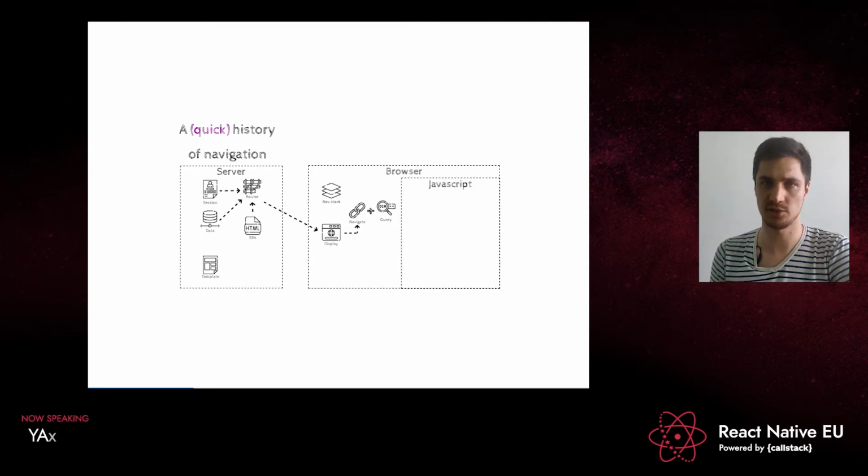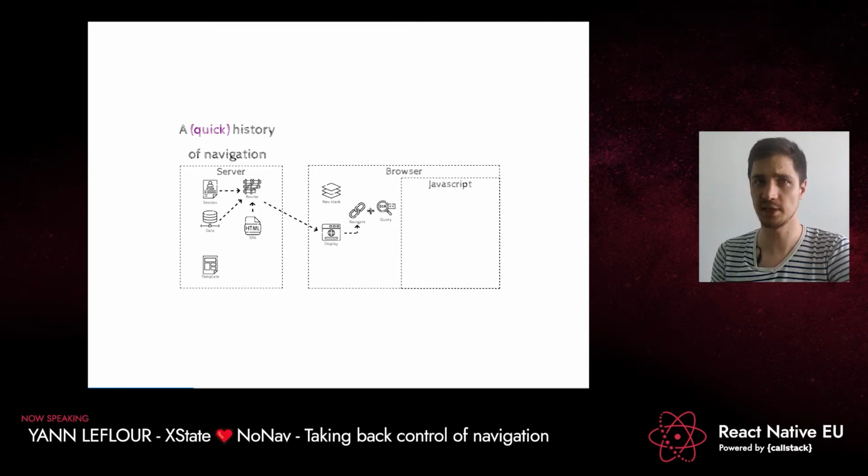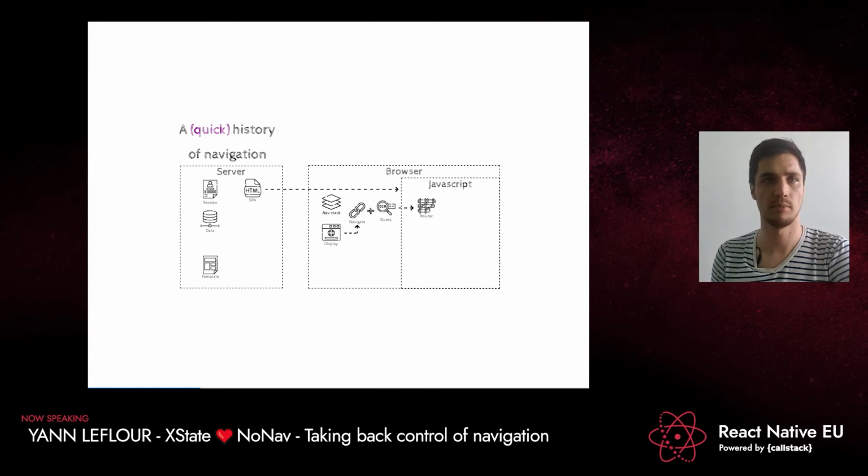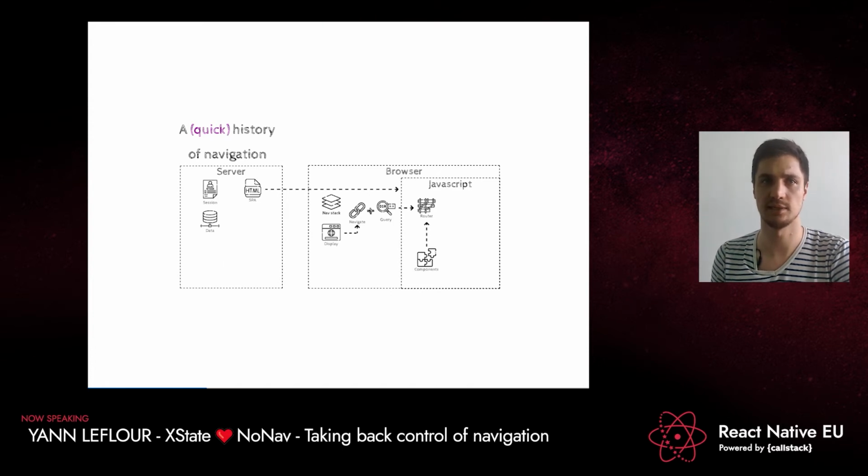To solve this issue, SPAs gave a greater role to the JavaScript engine by implementing its own client-side routing. Templates became components, also moving to the client side. They provided the output of what had to be displayed.